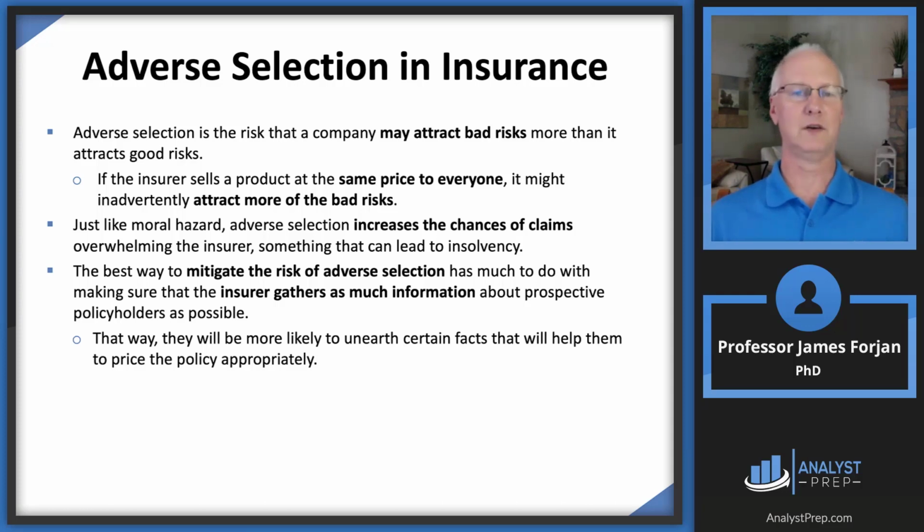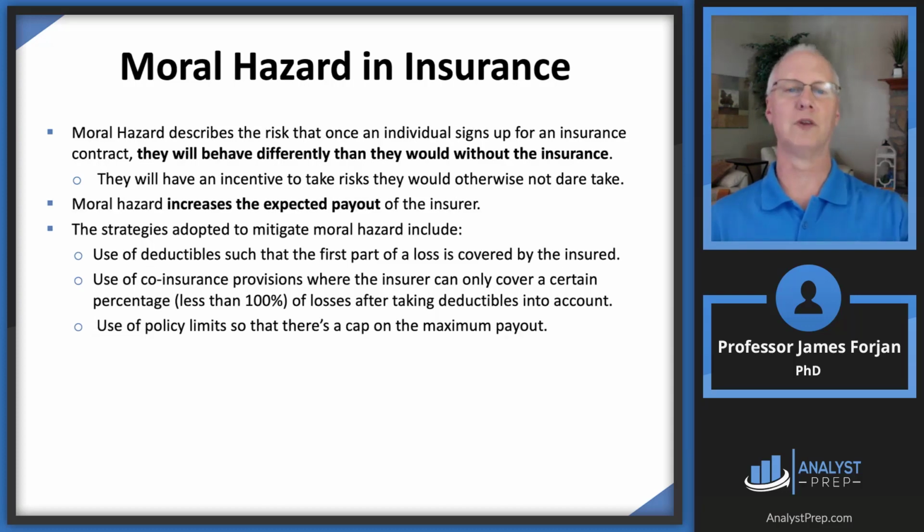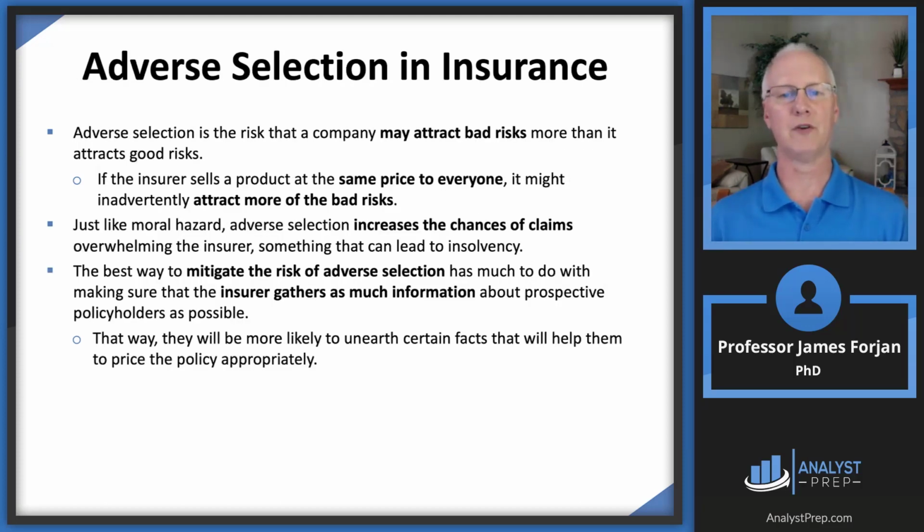So the best way to manage this adverse selection risk, look back here under moral hazard. These are parts. The way that insurance companies do this is they put these terms inside of the contract. But here, for adverse selection, they try to gather as much information as possible.